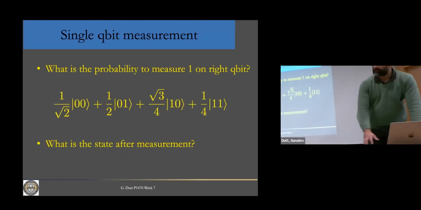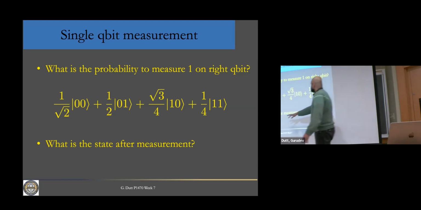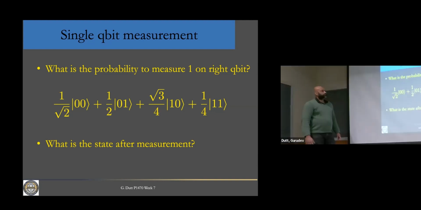If I go back to this state here, and if I ask you now, what is the probability for the left qubit to be in this state plus? What would you have to do? I want the probability for the left qubit to be in the state plus.